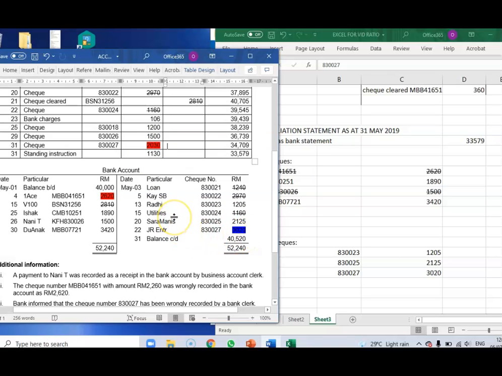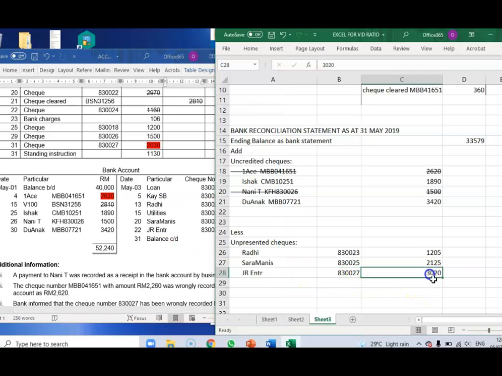So if understated, that you recorded less amount, so when we do the adjustment, we just change the amount, means that you can cross it.